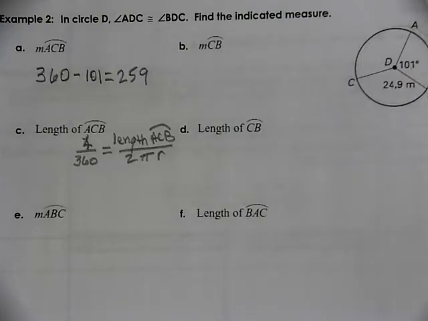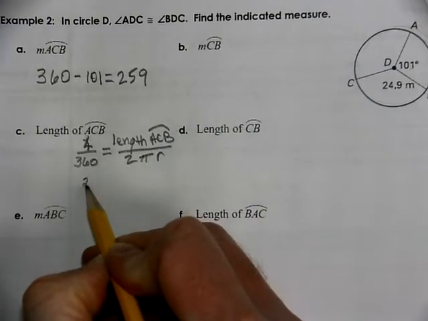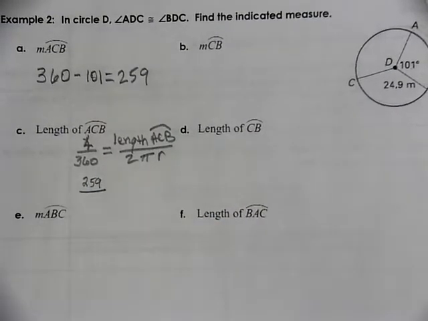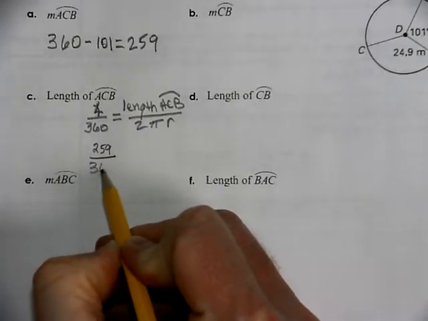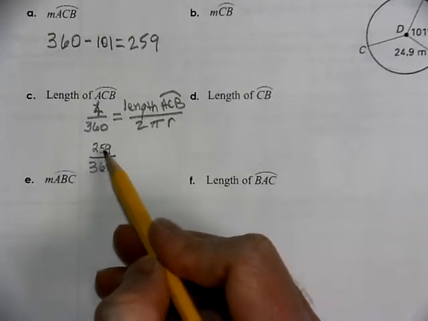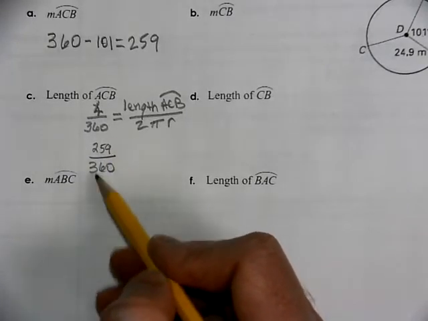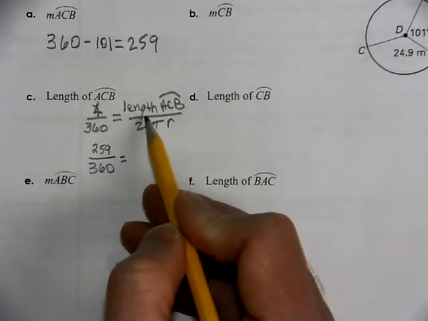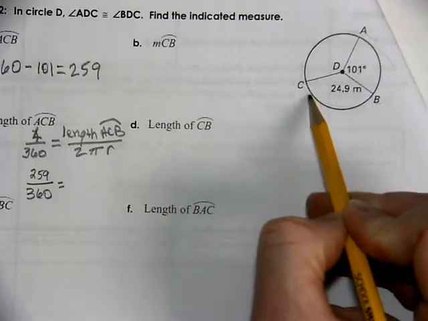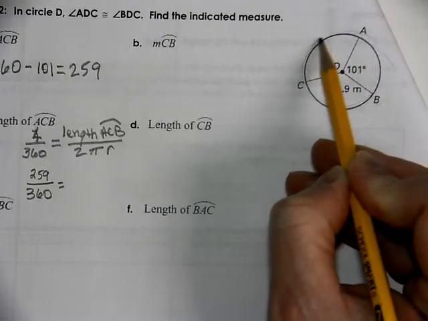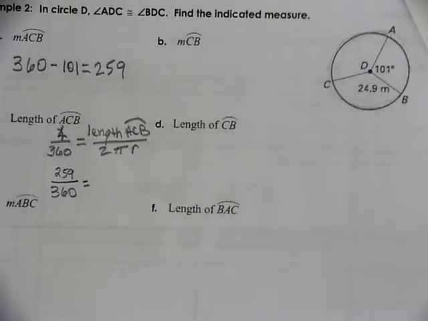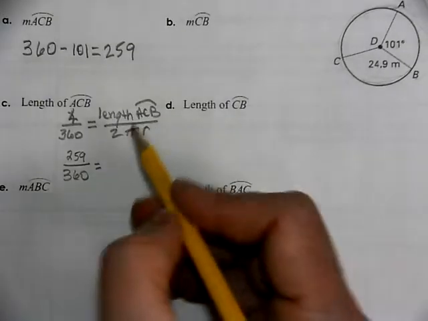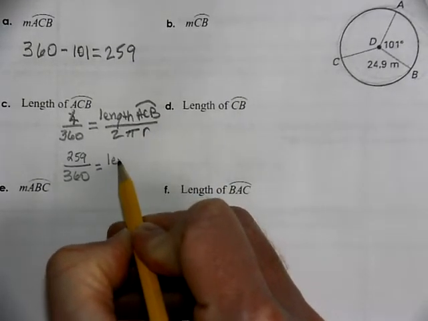We know what the angle is. It's 259 degrees over 360. So that's a lot of it. That's most of the 360. The arc length. How much fence line are we going to use when we come all the way around our circle? Everything but 101 degrees worth. But what's the length? So that's what we're trying to figure out.